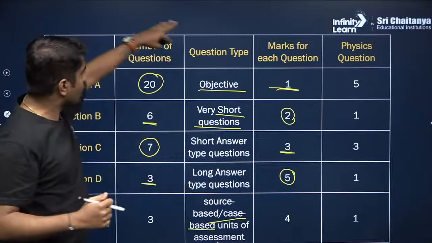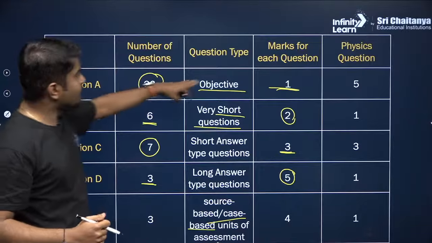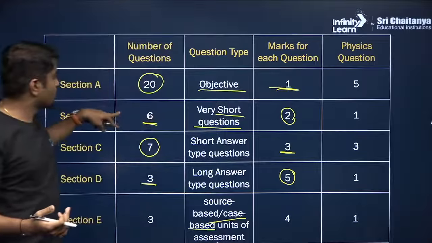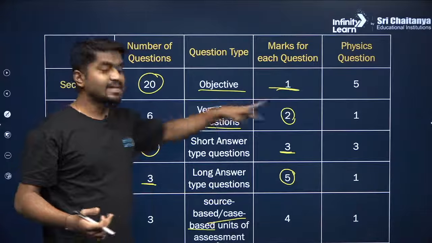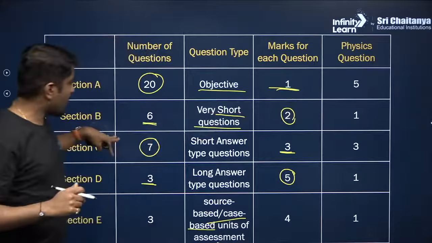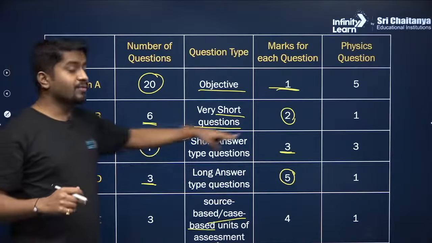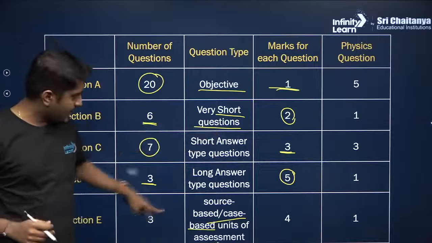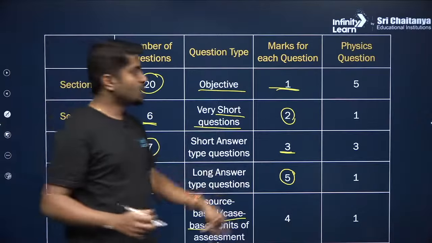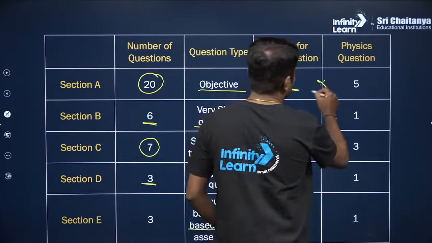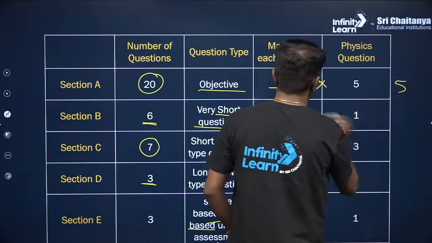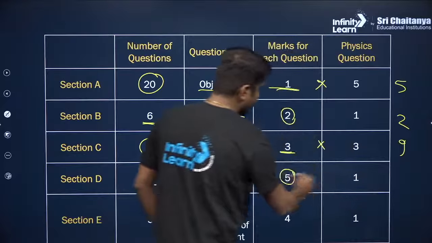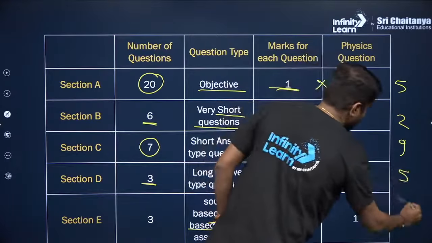Out of these questions, the objective ones which came for physics were 5. Of the 2 mark questions out of 6, there was only 1. Of the 3 mark questions out of 7, there were 3. Of the 5 mark questions out of 3, 1, and of the 4 mark questions out of 3, 1. So the total is 5 into 1, which is 5, 2 into 1, which is 2, 3 into 3, which is 9, then 5 into 1, which is 5, and 4.